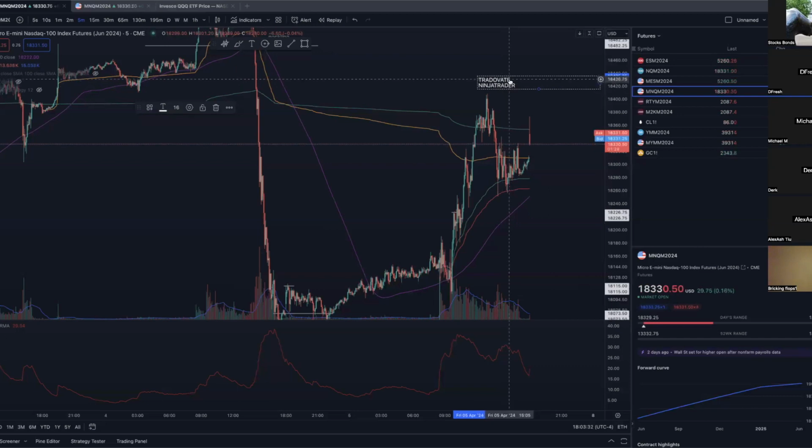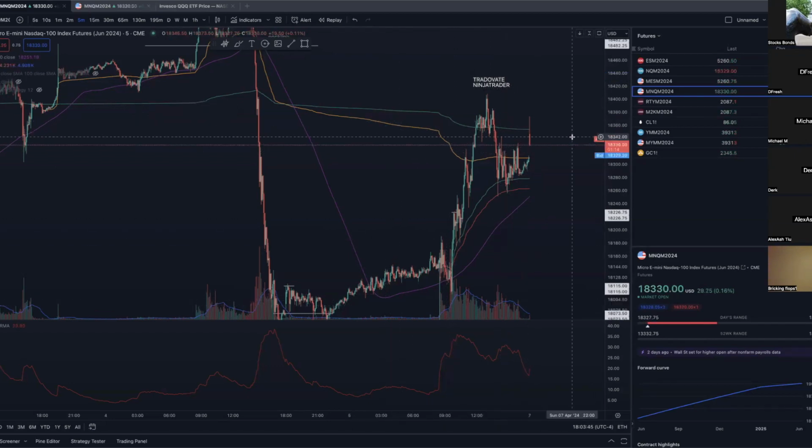Between these two, Trader.Weight and Ninja Trader, consider Trader.Weight especially if you like to trade through your phone by looking at the charts on your screen, or if you want to connect your account with TradingView directly and trade through TradingView. I would personally recommend Trader.Weight because Ninja Trader is a pain in the ass to set up. It's very difficult to set up, and they don't have any mobile app, so you can't trade through your phone.